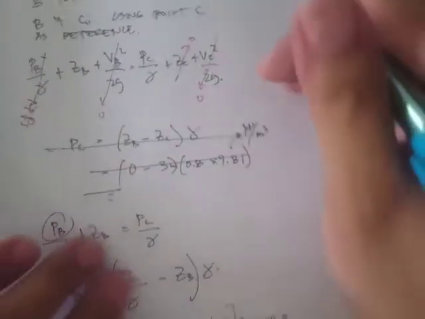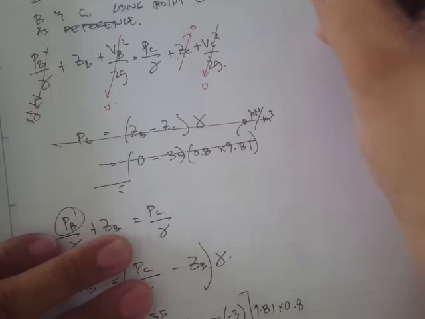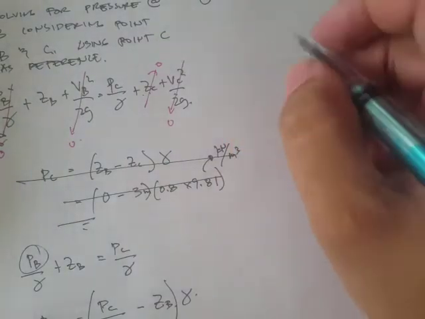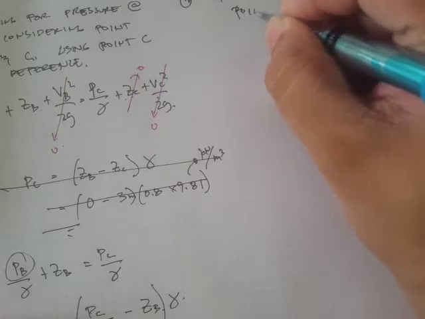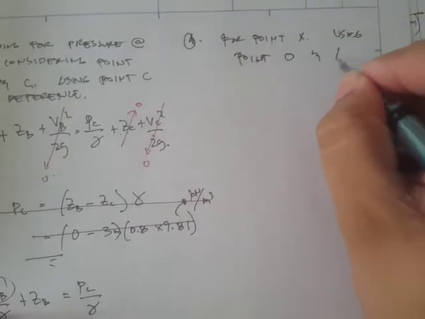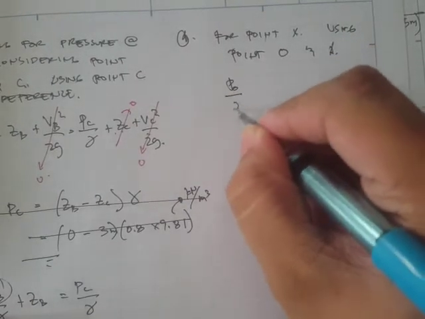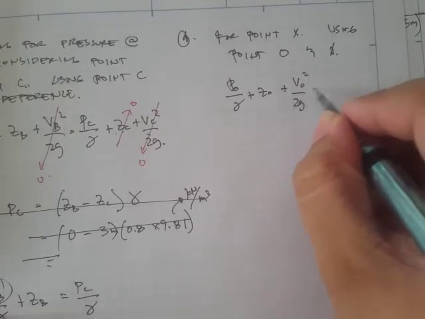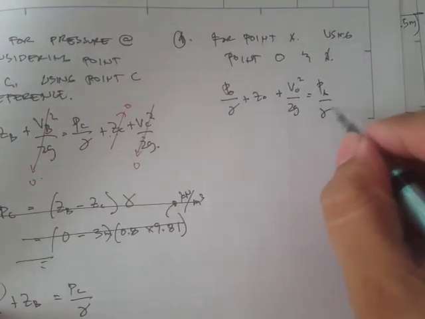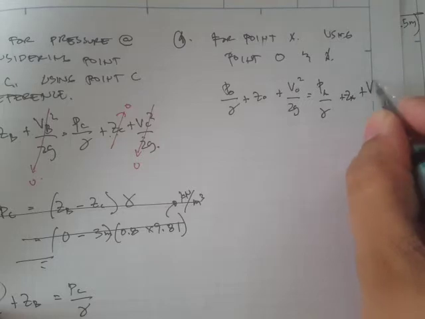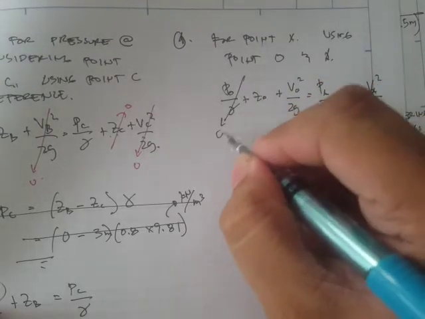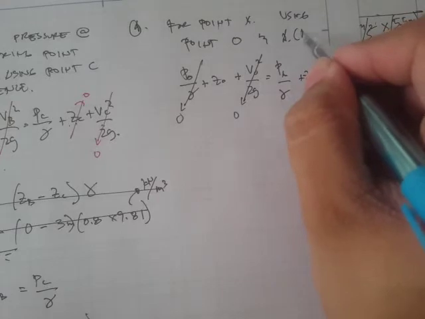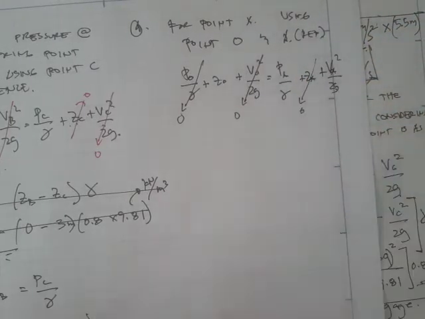Now for point A, we can simply use points O and A. Point O: the pressure head plus the elevation head plus the velocity head V squared over 2G is equal to the pressure head at A plus the elevation head at A plus the velocity head at A. This one is 0, this one is 0, and if point A is the reference point, this will be 0.